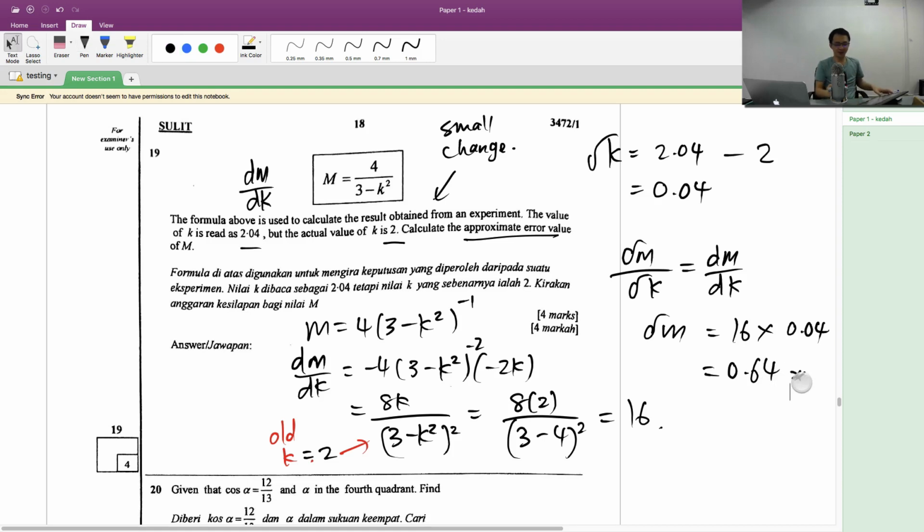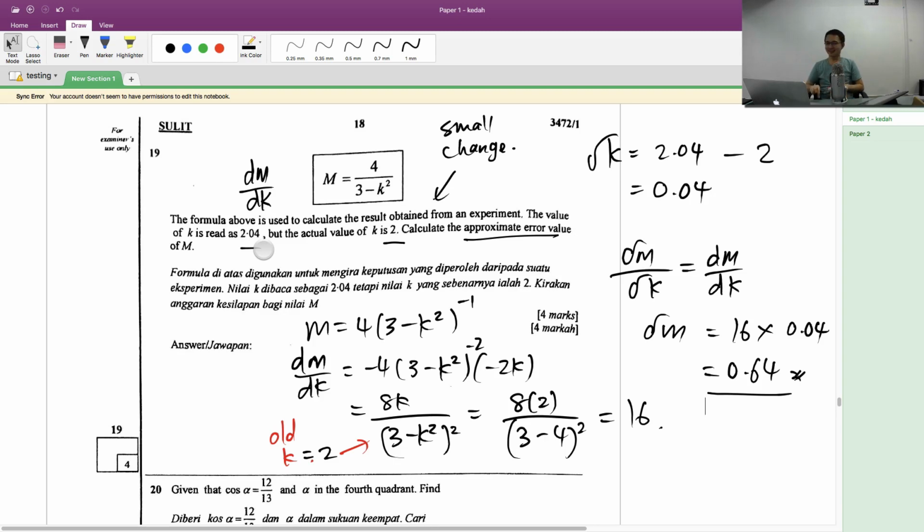If I didn't make any mistake. 16 multiplied by 0.04. Yep, it's 0.64. Alright, so that means if k has the error 0.04, m will have the error 0.64. Right, this is sort of the meaning of small change.